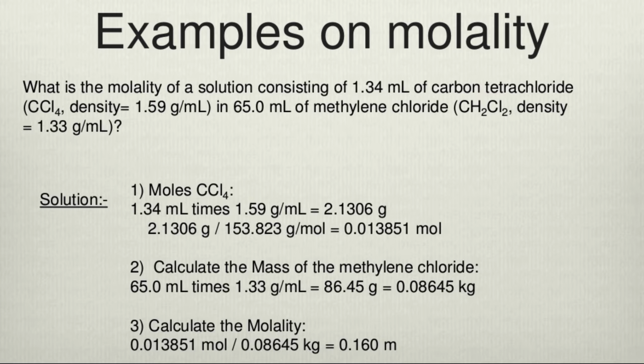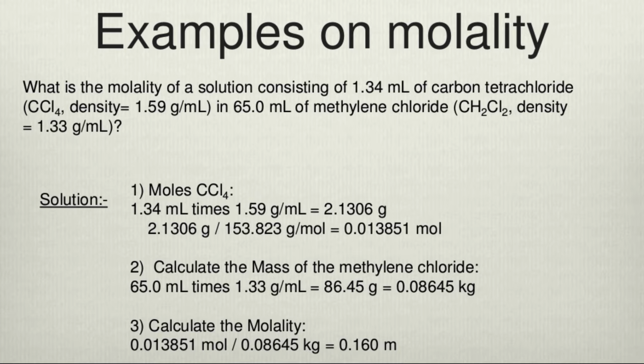First step, the mass of CCl4 is 1.34 times 1.59, our density. The answer is 2.1306 gram. Divide by molar mass, so we can find the moles.